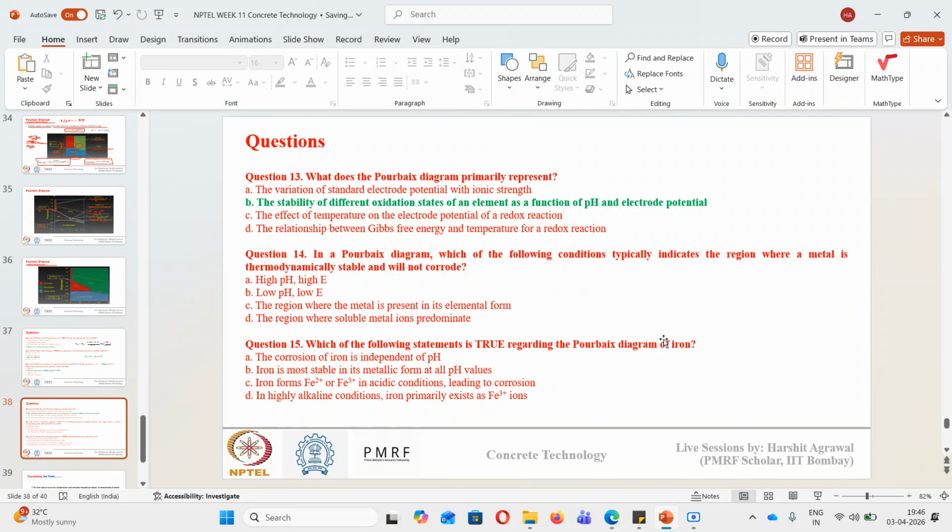Question number 14. In the Pourbaix diagram, which of the following conditions typically indicates a region where the metal is thermodynamically stable but it won't corrode? So which region generally presents that the metal is stable but it won't corrode?